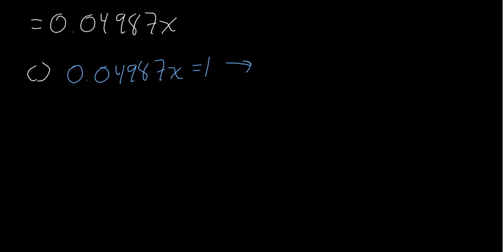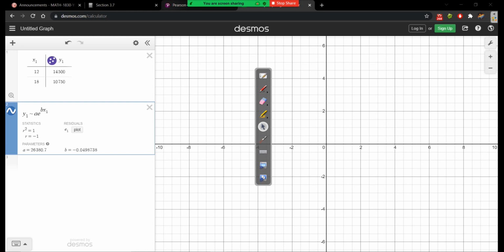Dividing both sides by 0.04987, so it's 1 divided by 0.04987, we end up with 20.05. So x is equal to 20.05, and that is where we will maximize our revenue. Are we still on the honey here? I forget. Spent so long on it.